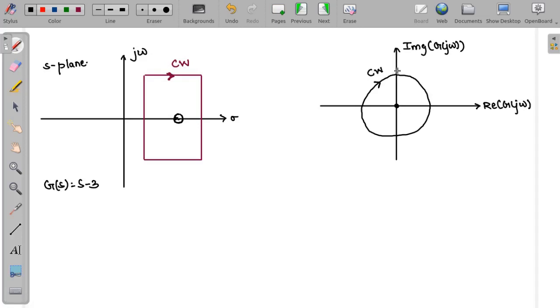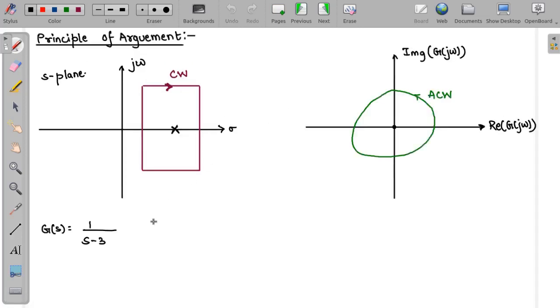So always remember, this was a pole dominant system. Why? Pole dominant systems are those systems where the number of poles is greater than the number of zeros. So in a pole dominant system, whatever is the direction of enclosure in the S plane, the opposite will be the direction of enclosure in your frequency domain.